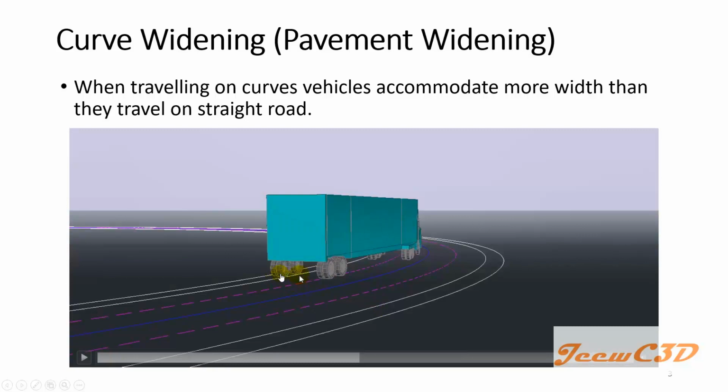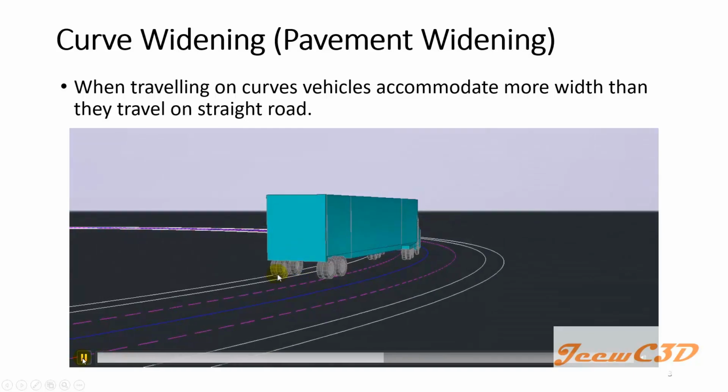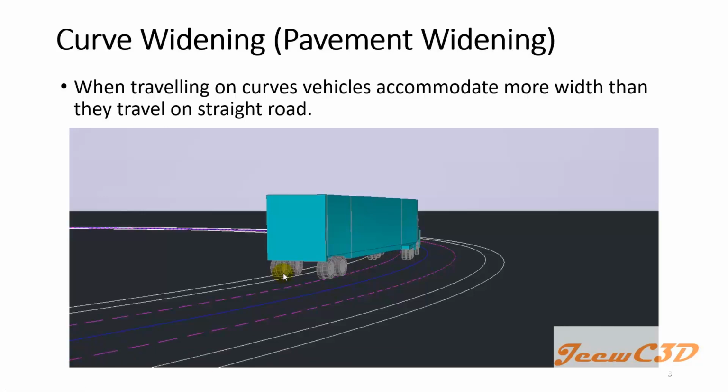These outside tires are going outside the lane. This area is the lane, but the outside tires are going out of the lane. It is inside the hard shoulder. Sometimes it may go outside the hard shoulder also.